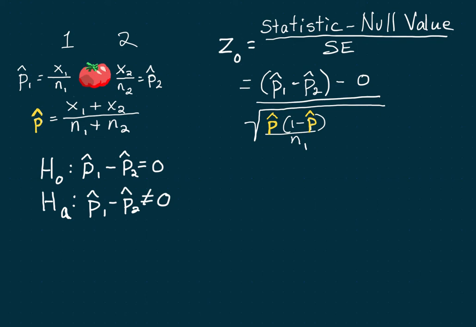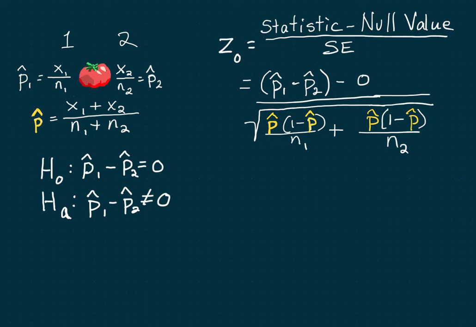Then we are going to add to that, still under this radical, the same numerator, P hat times 1 minus P hat, and that is divided by the number in our second sample.